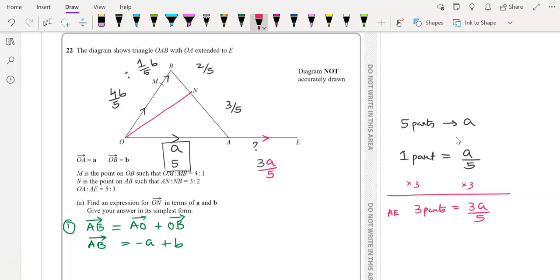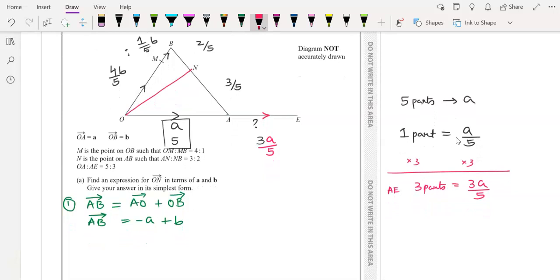Okay, so going from O to N, same as going from O to A and A to N. So for this part, you want to find vector ON, which is OA plus AN. Now vector AN, it is given 3/5 of this vector. Is 3/5 of vector AB.